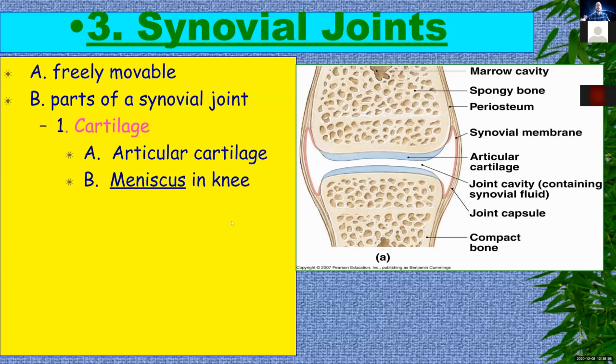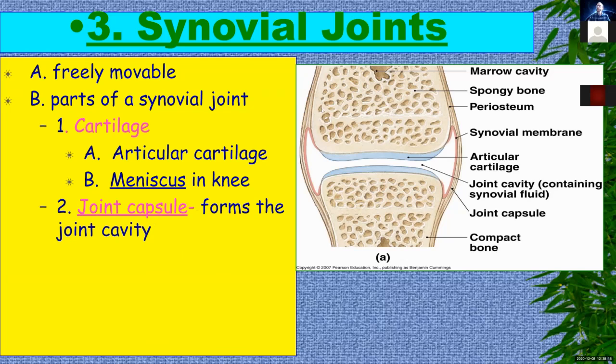In the knee, we have an extra layer of cartilage, which we call the meniscus. I'll talk about that in a few moments. And then surrounding that joint, we have a capsule, which I'll call the joint capsule.